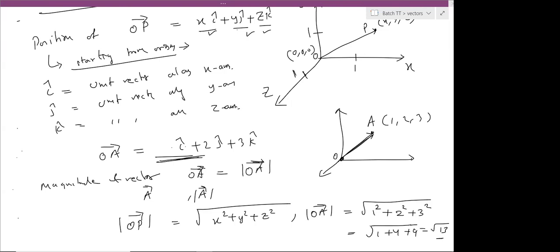Yes, my bad. This is root 14. All right.